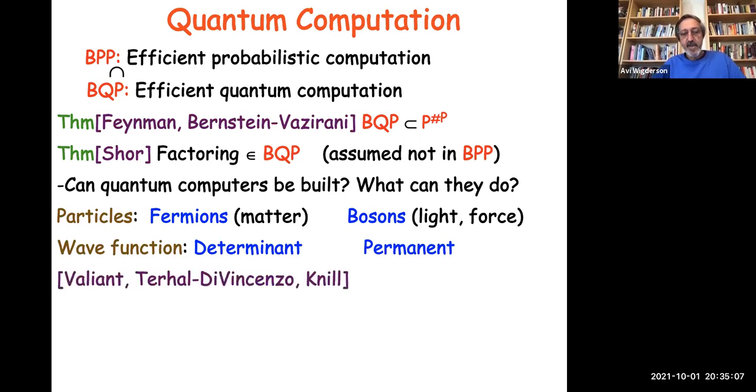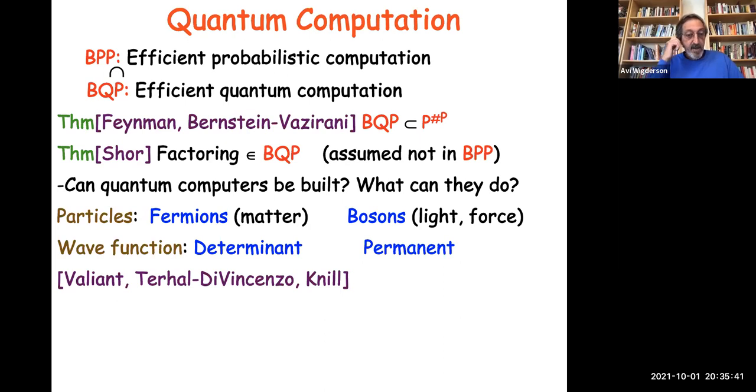And Valiant, some of you know, was very interested in counting problems, and he found an ingenious model, which is called holographic algorithms, which can solve efficiently the counting problems I mentioned, spanning trees and planar matchings, and some others, by a very clever reduction to the determinant.